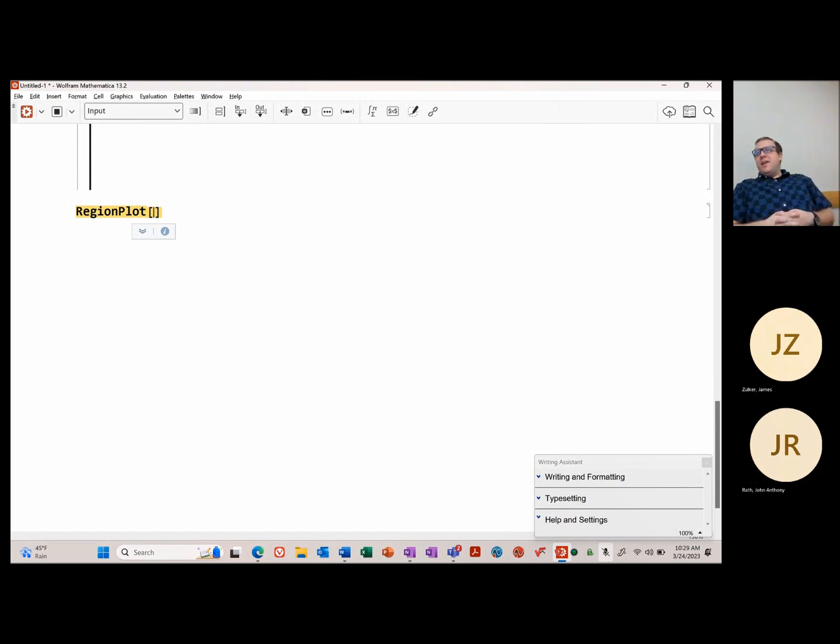Going to make use of the region plot command. So our region, which you can read right from the integral: negative square root 9 minus y squared has to be less than or equal to x, which is less than or equal to 0. And then negative 3 is less than or equal to y, less than or equal to 0.